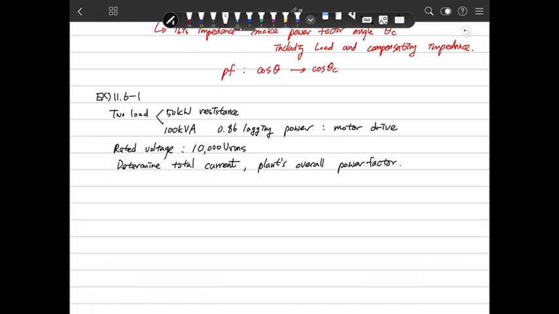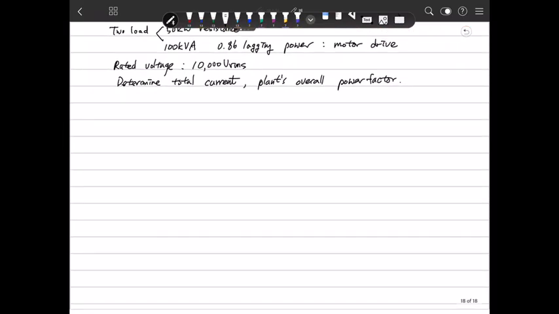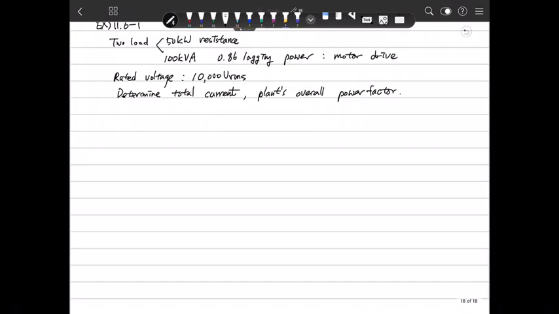There's a question, and it's very simple. Actually, we don't care about the line impedance in this problem. Anyway, we need to know what the power factor is in the given system.